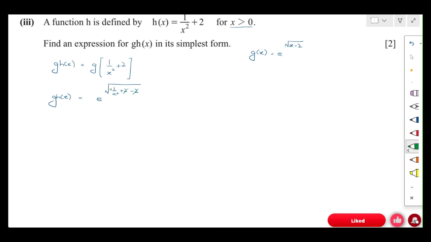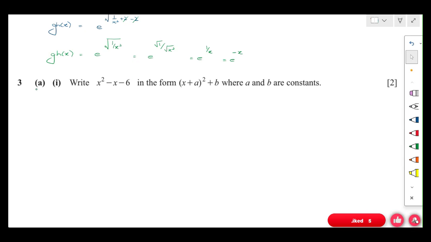Root of 1 is 1, root of x squared is x, so 1 over x. g h of x is e to the power root of 1 over x squared, or simplify: e to the power root of 1 divided by root of x squared, and that is e to the power 1 over x, or e to the power negative x. This is the simplified expression. We need to form the answer in the simplest form.